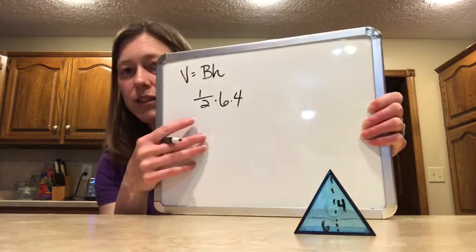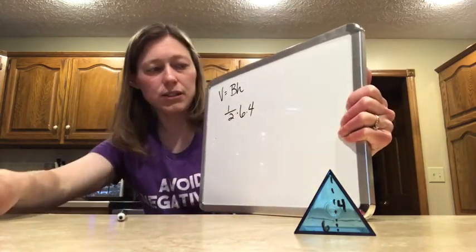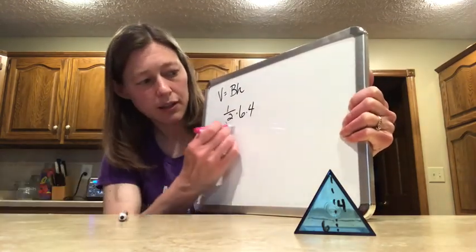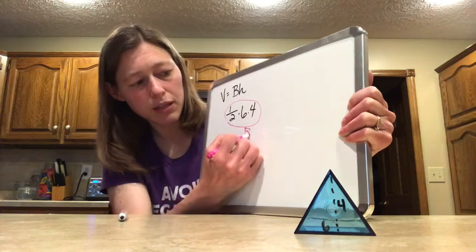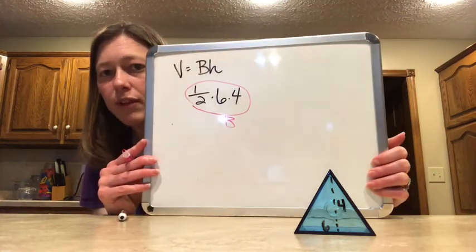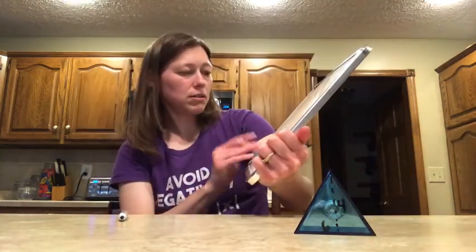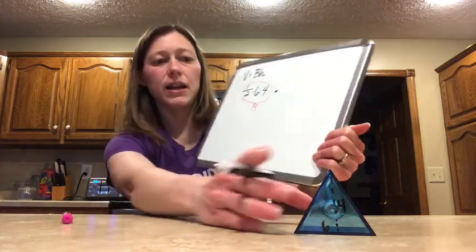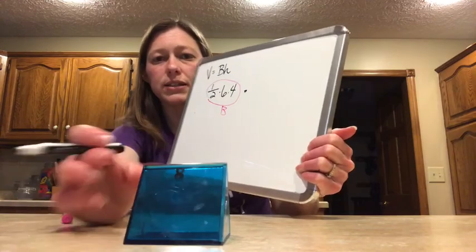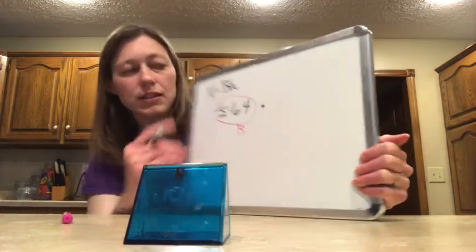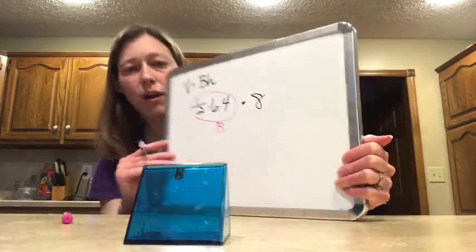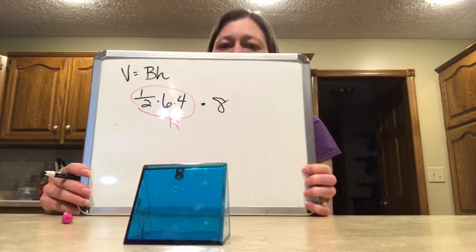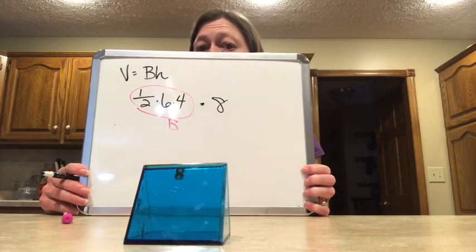That gives us the area of the base. So this right here, that's my capital letter B, my area of the base. Now I'm going to multiply that by the height, the thing that connects the two bases, which is 8. So half times 6 times 4, or half of 24, is 12.